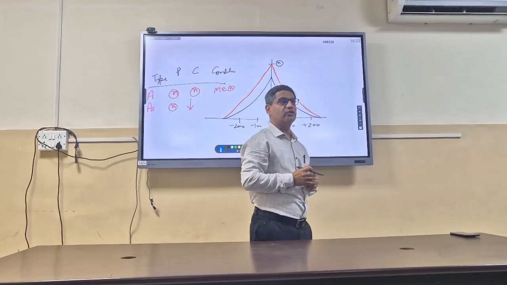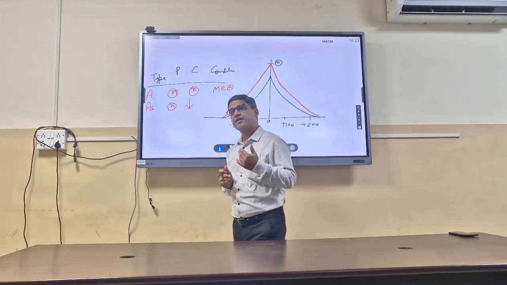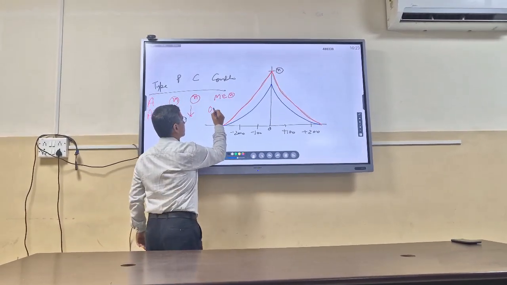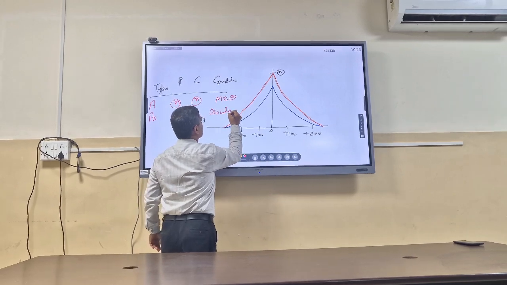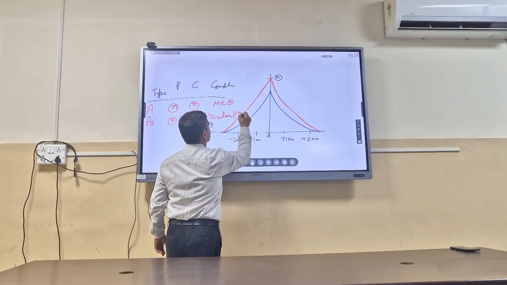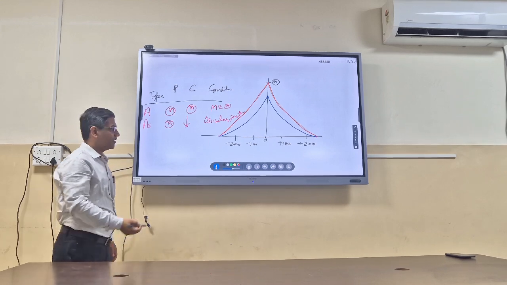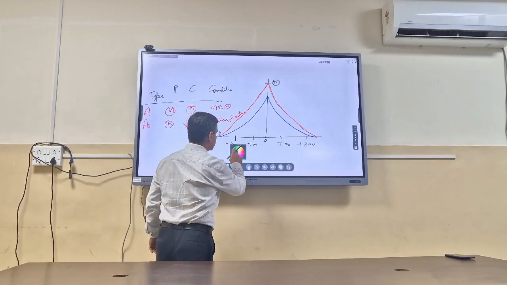Most commonly we know that is otosclerosis, or even sometimes malleus fixation is seen here. So ossicular fixation. Got it? Another type.